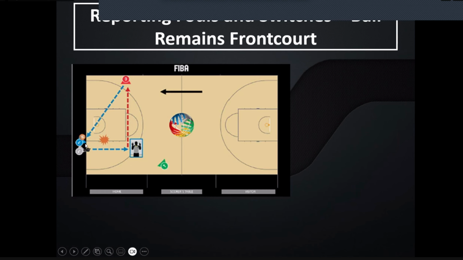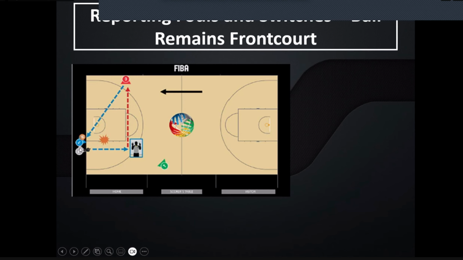You go report. You then go opposite, to center. And that center, who you're now replacing, is going to become lead to administer that throw-in. And the trail doesn't have to move at all.